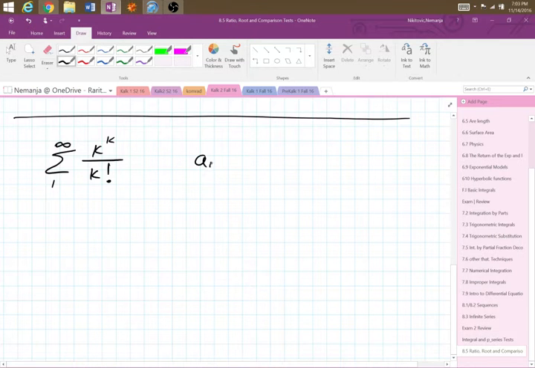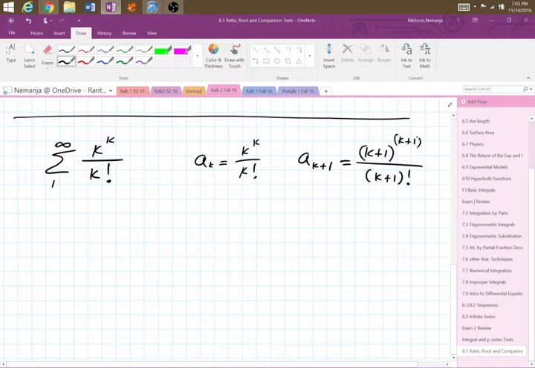So a_k is k to the k divided by k factorial. a_(k+1), we need that, the next term. Okay, so it's k plus 1 raised to the k plus 1 divided by k plus 1 factorial. So you have to increase everywhere. Now, as k goes to infinity, I'm not going to skip a step still.